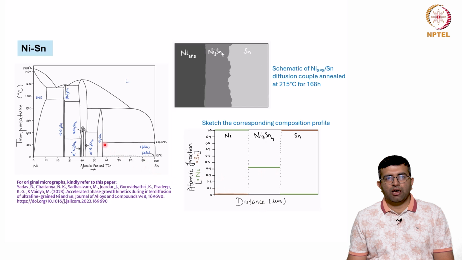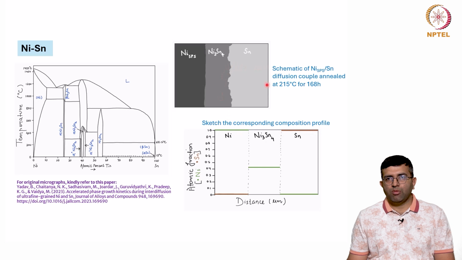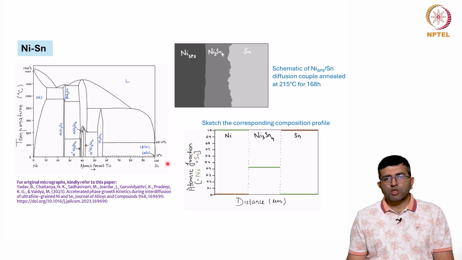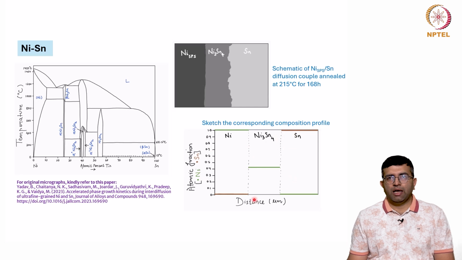The atomic percent of tin for Ni3Sn4 is somewhere here, so you see a horizontal line. Then when you encounter the end member, it is 100% tin. So this is how the profile has developed when you anneal at 215 for 168 hours.